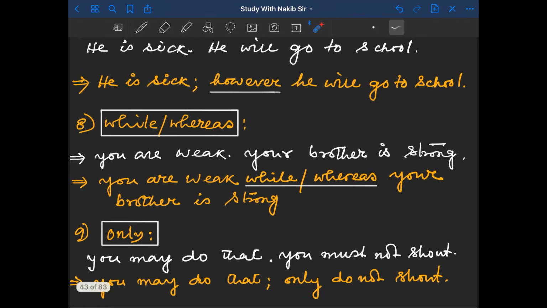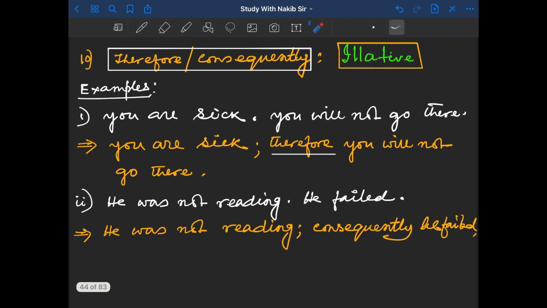Okay. Now this one. Therefore or consequently, illative, indicating the decision, the conclusion. See the examples, then your idea will be clarified. You are sick, so you will not go there. You will not go to school. You will not do that.